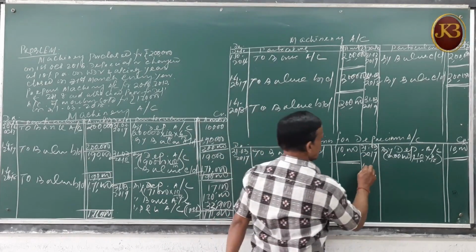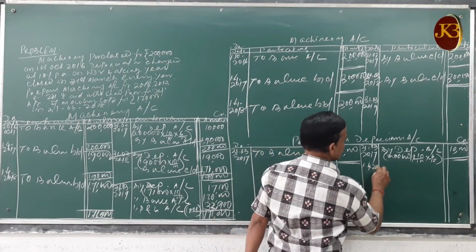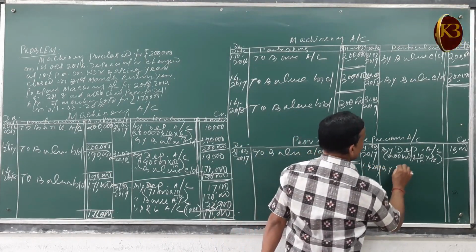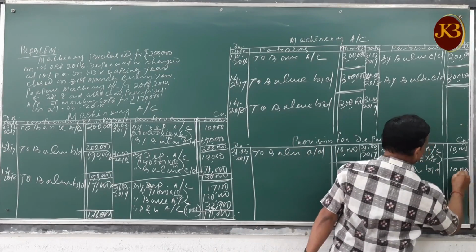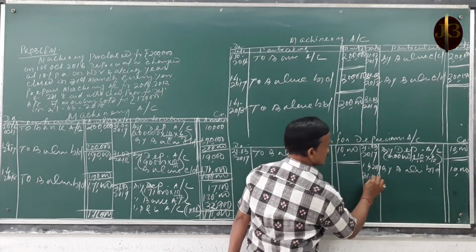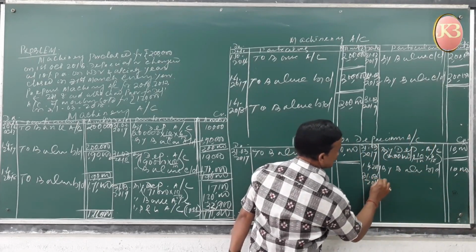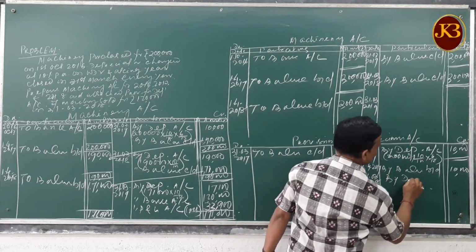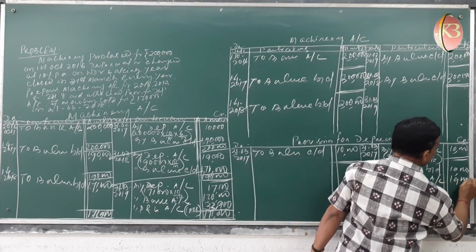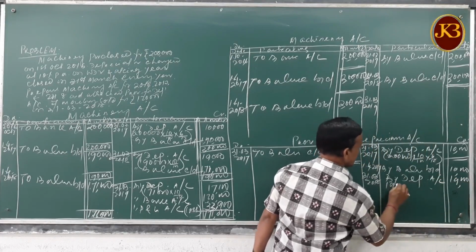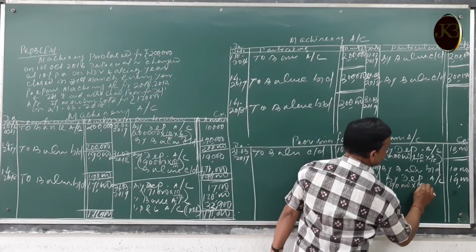Second year, 1st April 2017, by balance brought down 10,000. Again, 31st March 2018, by depreciation account, this 19,000, because 1,90,000 into 10%.